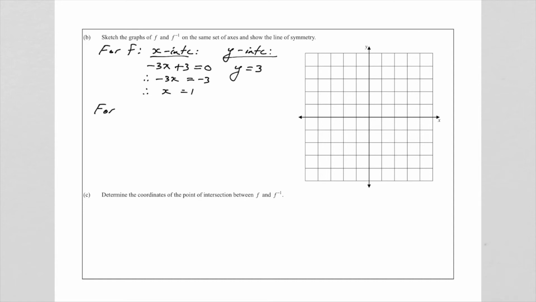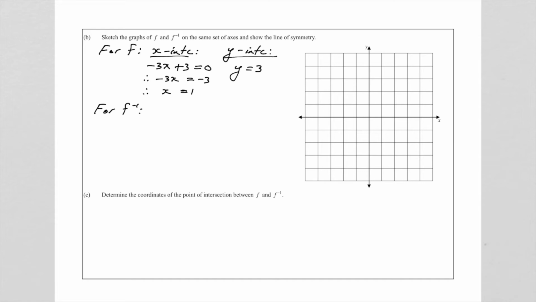Now, we want to find the x and y intercepts of the inverse function. This is quite easy once you've got the x and y intercept of the function, because remember with inverse, we interchange x and y. So x becomes y, y becomes x.